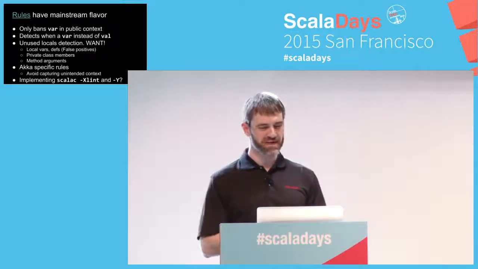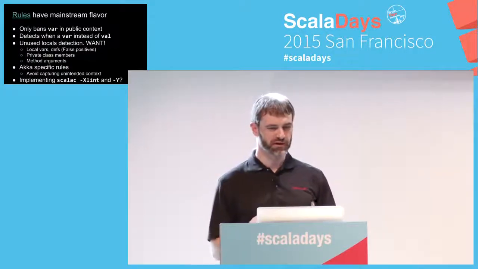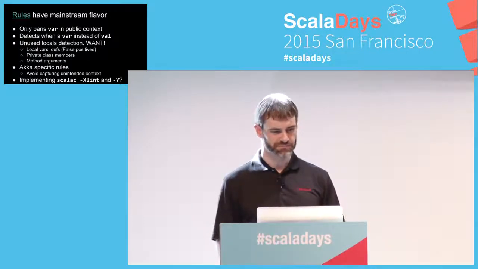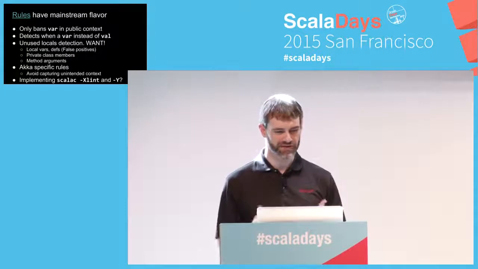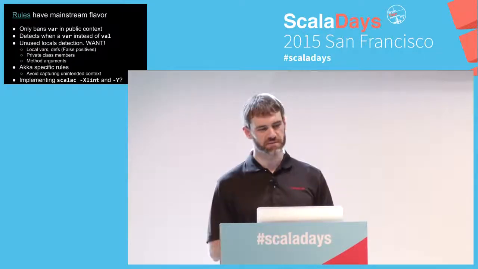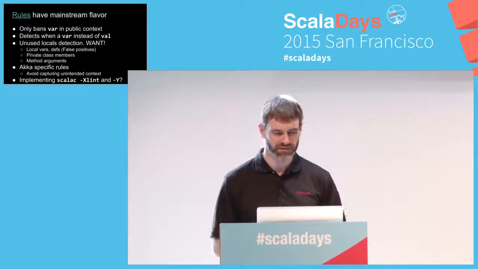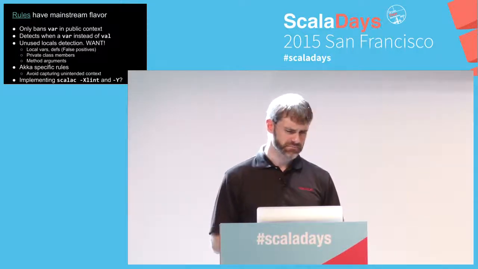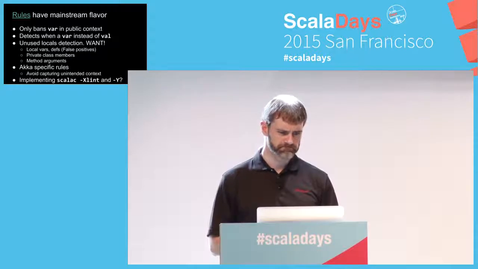So the rules have a pretty mainstream flavor. For example, the rule to ban vars applies to public contexts. Ironically, I thought I had found all my vars in my code and either blessed them or not, and I ran Abide and it found a couple that we had not taken care of like we needed to.